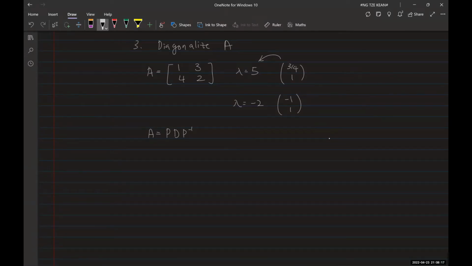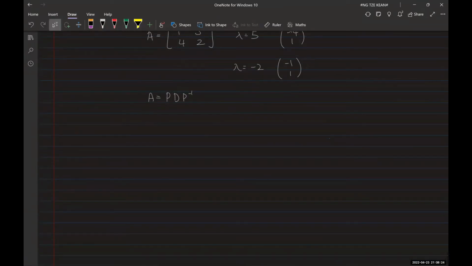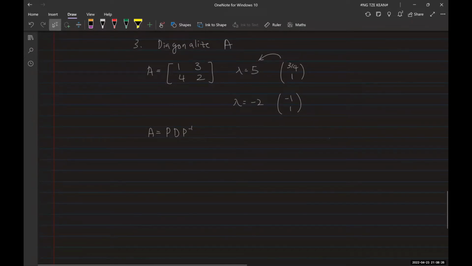P inverse, where A and D are similar matrices. And to obtain this form, what we do is P will contain the eigenvectors, and D will be a diagonal matrix that contains the corresponding eigenvalues. Okay, and A is 2 times 2, right?